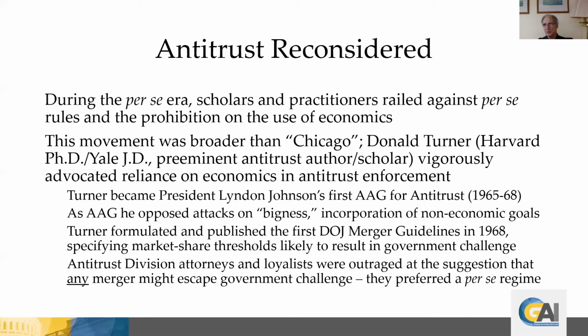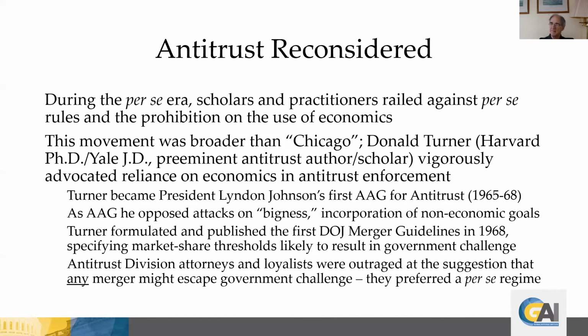In accord with that vision, he published the very first Department of Justice merger guidelines in 1968. And these guidelines specified market share thresholds that were likely to result in government challenge to not only horizontal mergers, but also to vertical and conglomerate mergers as well.